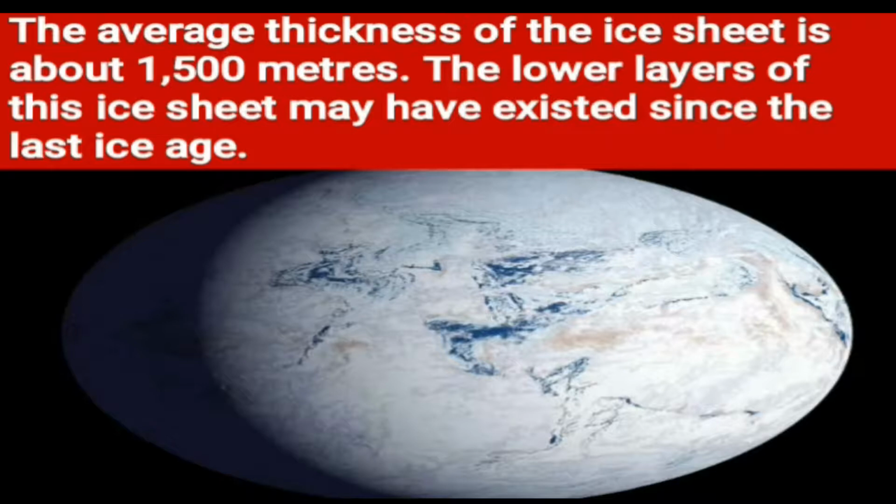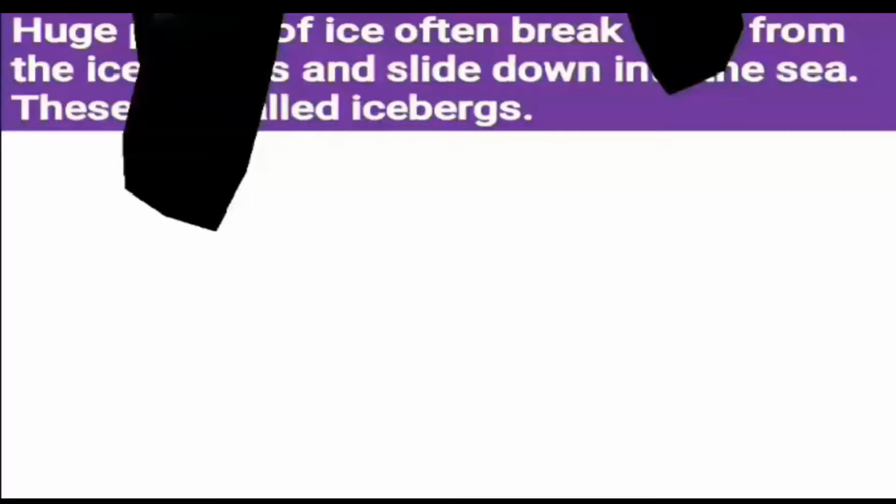So what was this ice age? The ice age was a duration of time when the whole earth was covered with snow, and it happened 40 million years ago.